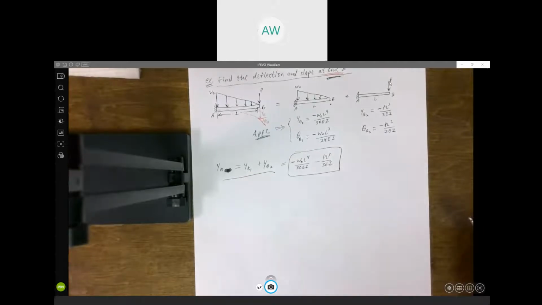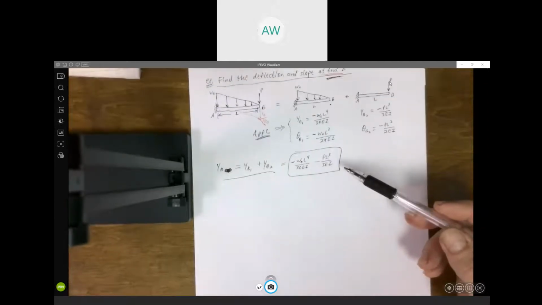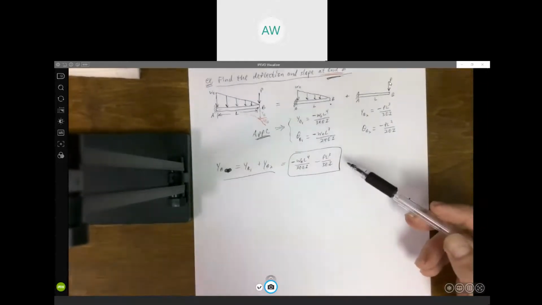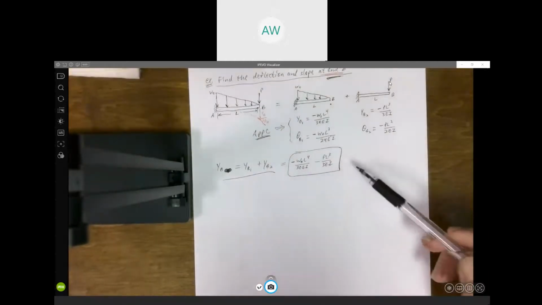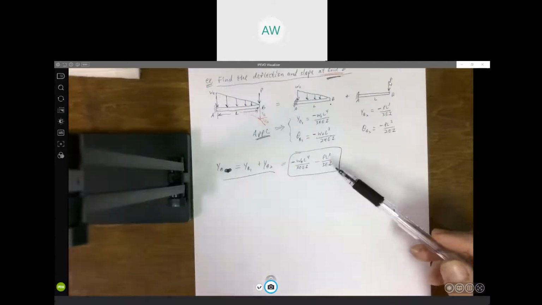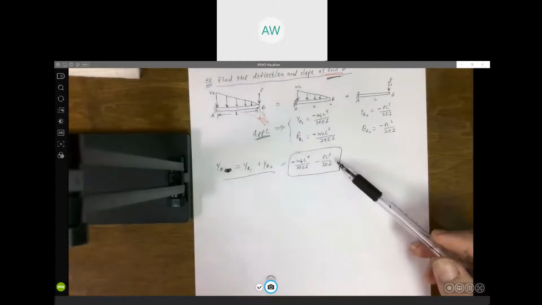All right, but any question where that result came from? And I will just mention, if you're solving those suggested problems and you look at the answer in the back of the book, he likes to kind of go crazy and do a lot of factoring out a bunch of stuff.